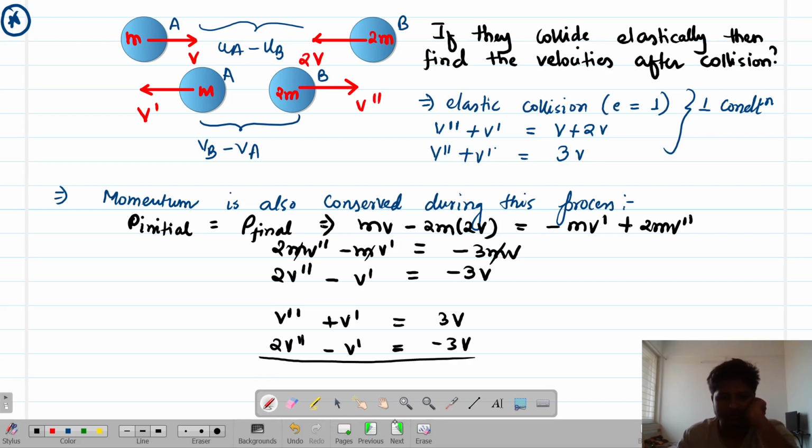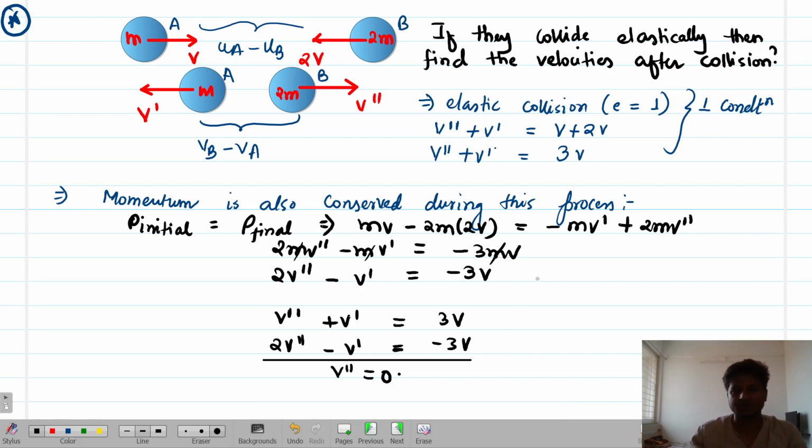So that means v double dash is how much? 0. So what about v dash? v dash is going to be equal to how much? 3v.